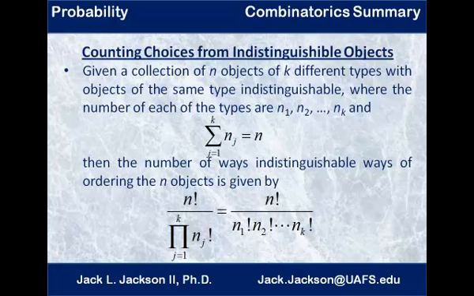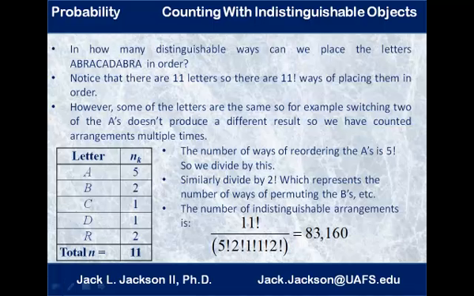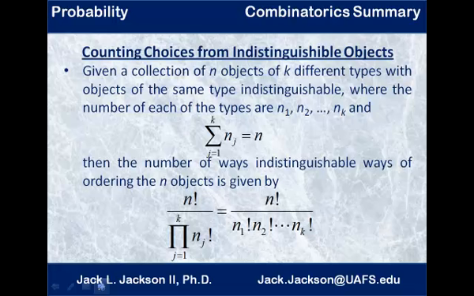So in other words, n factorial, then n1 factorial, n2 factorial, and so forth. And if you look back, that's exactly what we had on this abracadabra thing. So we had 11 factorial ways at the top, and then we take how many we've got of each one, just stick a factorial on each one of those, multiply them together, that's the denominator, divide out, you've got your answer. And that's what this formula here is saying.